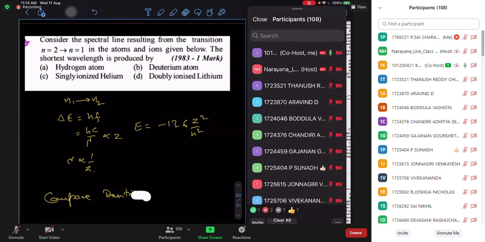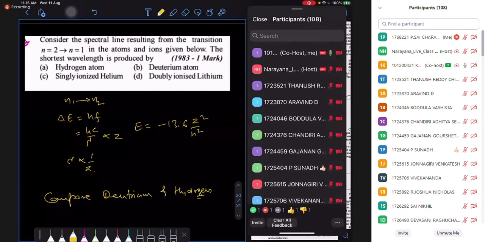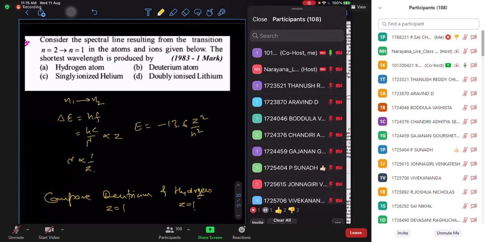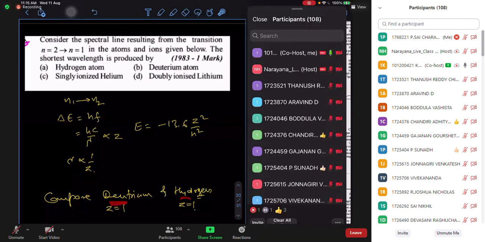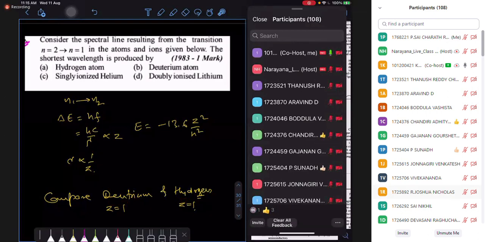Are they the same or different? For deuterium also your Z is equal to 1, and for hydrogen also your Z is equal to 1. At first view, the answer seems to be the same, but it is not actually. If you compare deuterium with hydrogen, they're not the same.